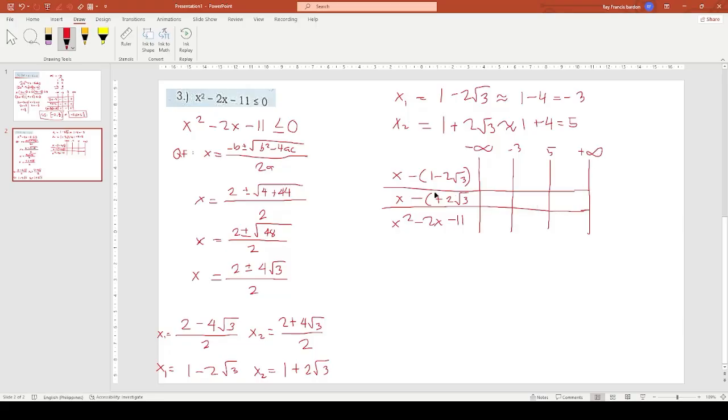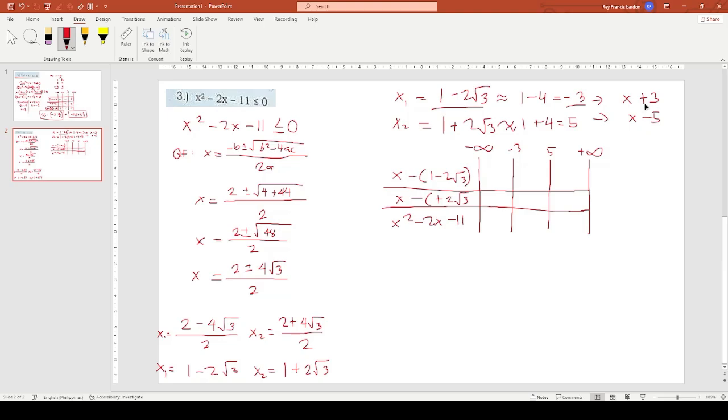Okay, so for x minus 1 minus 2 square root of 3, negative 3 will be its turning point. If we try 0 here, transfer natin, x plus 3 and x minus 5 para mas madali.